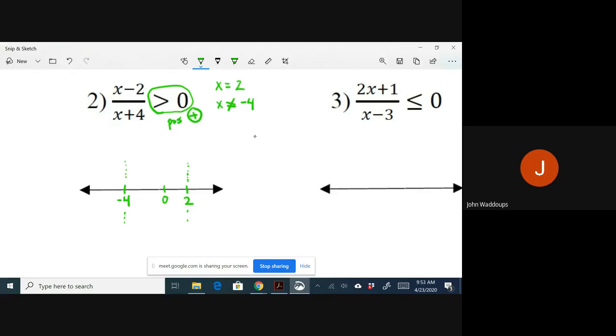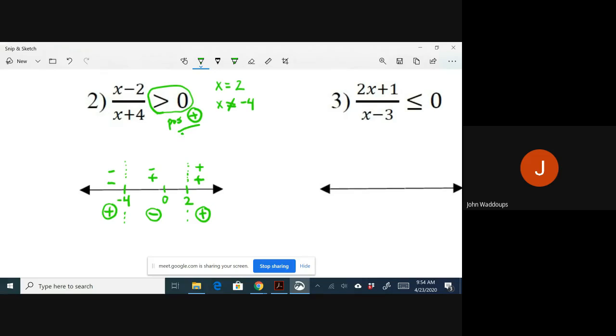So -4 to the left, that's negative, positive, positive. And then 2 to the left is negative, negative, and positive to the right. And so a negative times a negative is positive. Negative times positive would be negative. And a positive times positive would be positive as well.